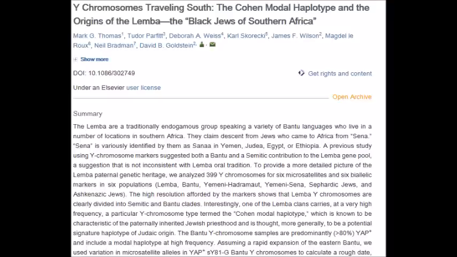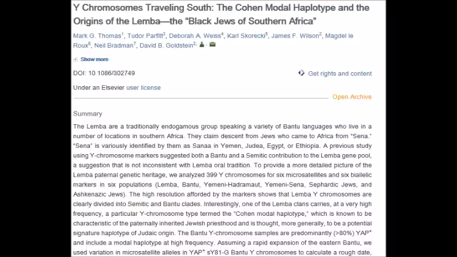Now, let's continue. It says, a suggestion that is not inconsistent with Lemba oral tradition. To provide a more detailed picture of the Lemba paternal genetic heritage, we analyzed 399 Y chromosomes with 6 microsatellites and 6 biallelic markers in 6 populations: Lemba, Bantu, Yemeni Hadramawt, Yemeni Sana, Sephardic Jews (that's a joke), and Ashkenazic Jews.